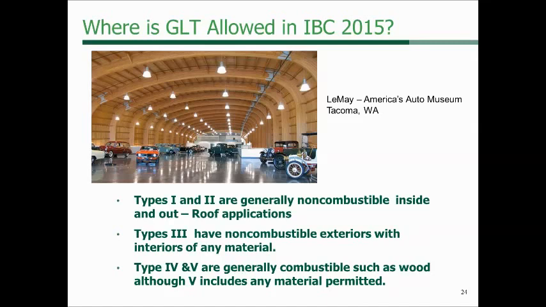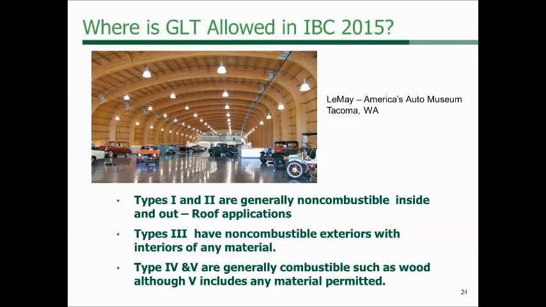And then we have type 4 and type 5. Type 4 is heavy timber construction, and type 5 permits, again, any material that's permitted in the code, which also includes wood. But for glue-laminated timber, the topic we're talking about, they were allowed to use it in this construction for the roof construction.